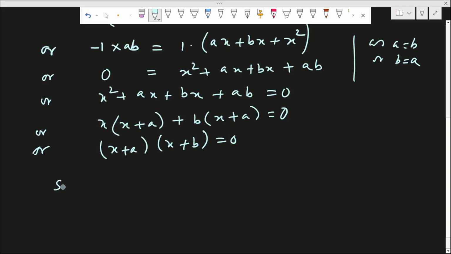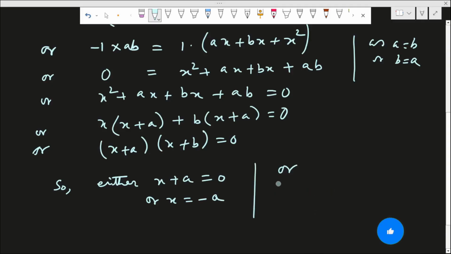So either x plus a is equal to 0, which gives x is equal to minus a as a solution of the equation, or x plus b is equal to 0, or x is equal to minus b.